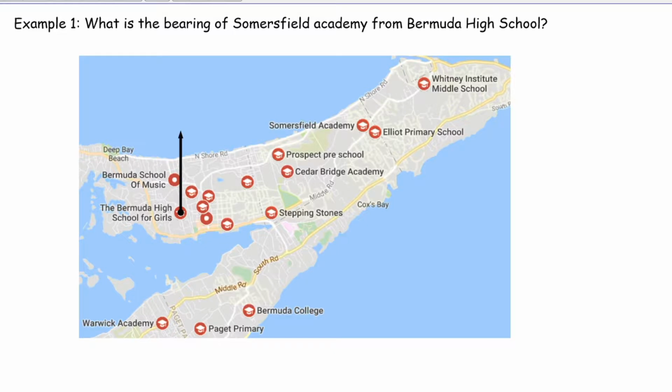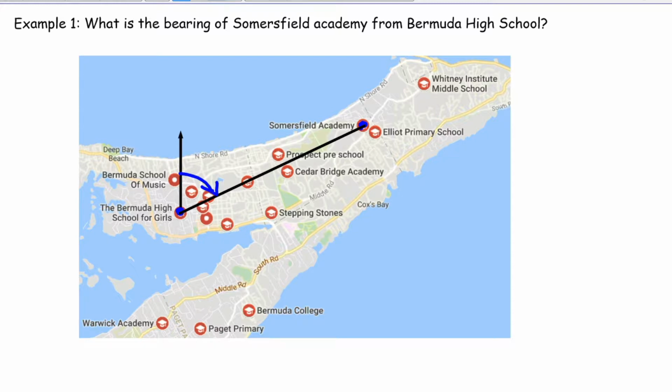What is the bearing of Summersfield Academy from Bermuda High School? First of all, I have to identify where Summersfield Academy is. Bermuda High School is here, and I'm standing here, facing north, and I want the direction to Summersfield Academy. So the first thing I need to do is join these 2 points using a straight line. Now I need to measure that angle, because the angle I'm interested in is this one here.